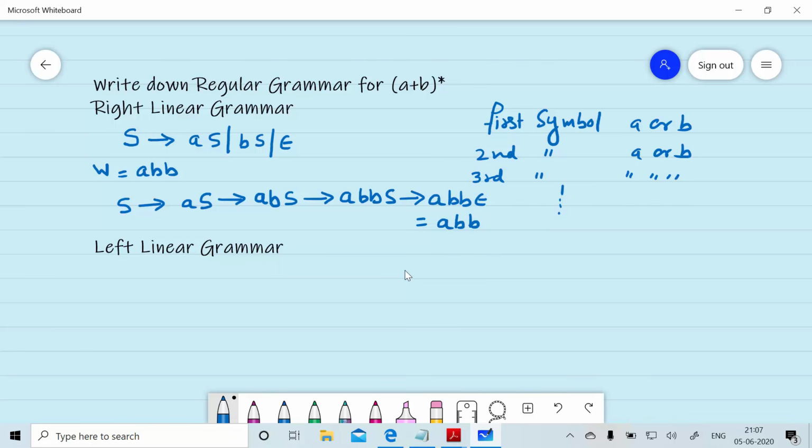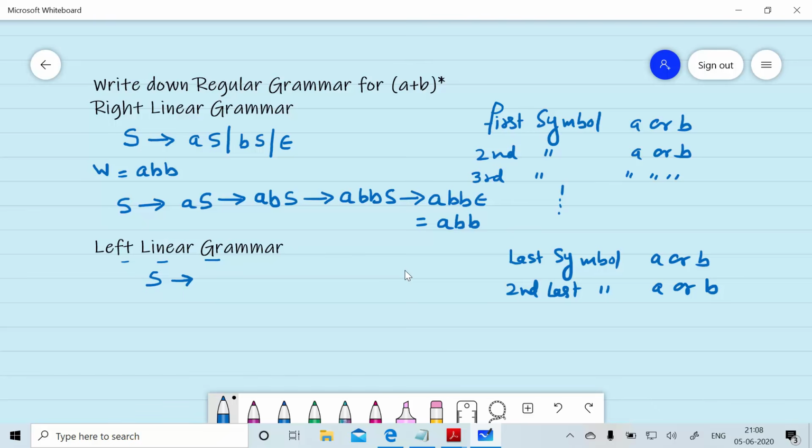Now we will generate the left linear grammar for (a plus b) star. Now the last symbol can be a or b. The second last symbol can be a or b, because we process left linear grammar like the Urdu language, where we read the rightmost character of the word first, then the second last, and so on.